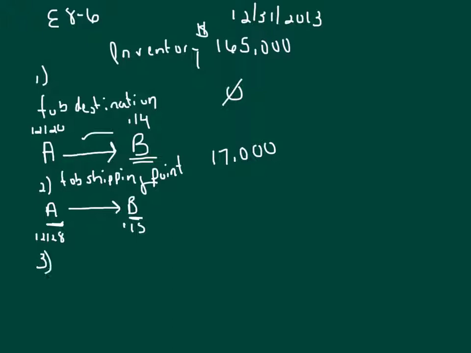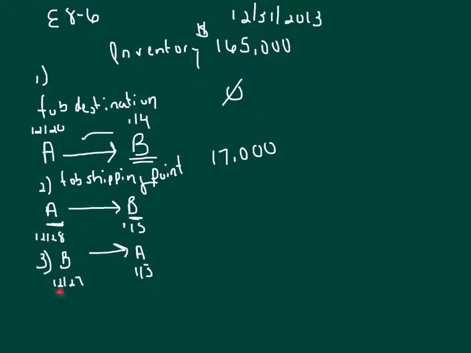Now when we look at number 3, we have goods shipped from Quack. So if Quack's still B, they're shipping to A, and this is FOB destination. On 12/27, B is shipping the goods, and they were received on 1/3. In this case, when should Quack, company B, remove the goods from their inventory? Well, not until they've reached A's destination, which hasn't happened until 1/3.